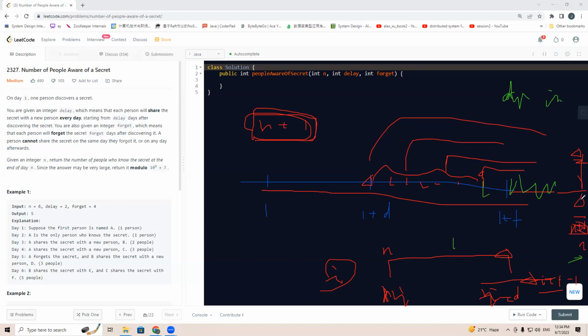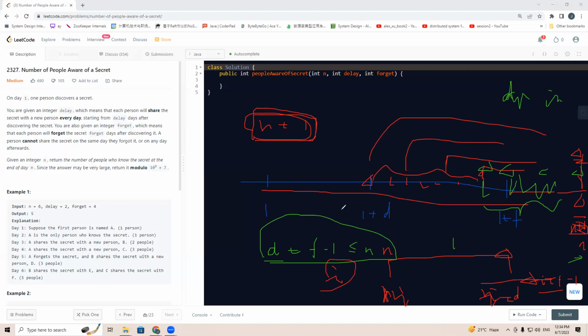So for those where d plus f minus 1 is smaller than or equal to n, we should calculate those people and add them up to the final result. So the final result will be our array at n, and also all of the people who haven't forgotten the secret.